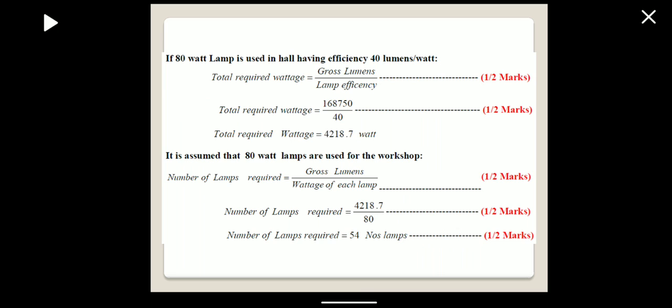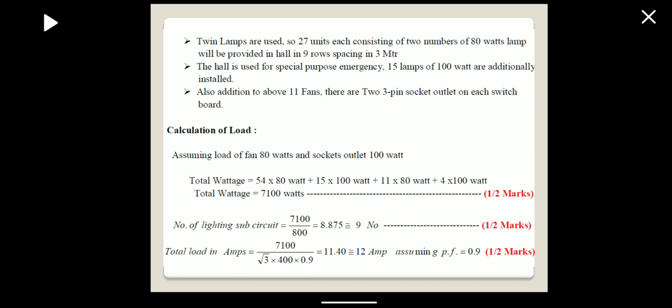The total lamps required is equal to gross lumen in wattage divided by the wattage of each lamp. So in total we need 54 lamps.